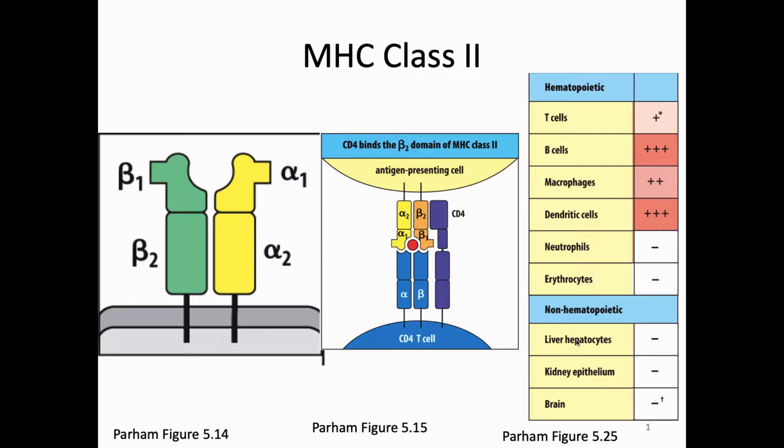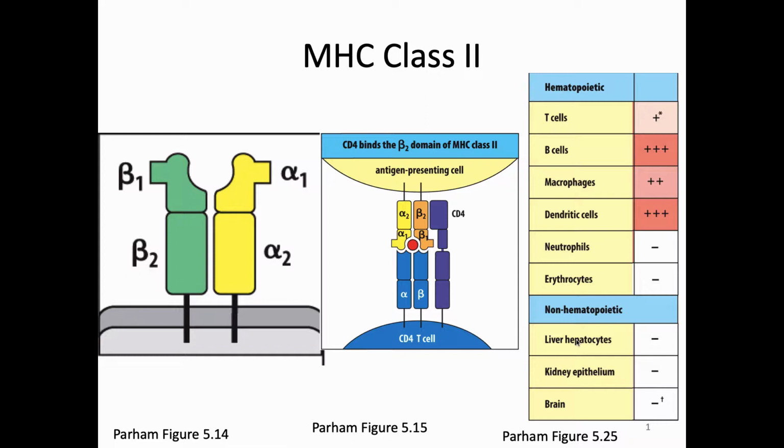MHC Class II binds to the T cell receptor along with CD4 in order to present to CD4 positive T cells. And unlike MHC Class I, we don't have a ton of cells doing this process. With class 1, remember, it was all nucleated cells doing that presentation process.